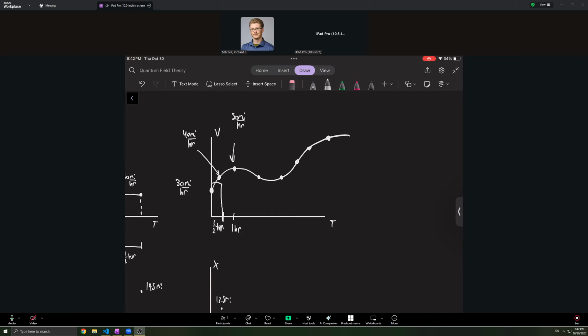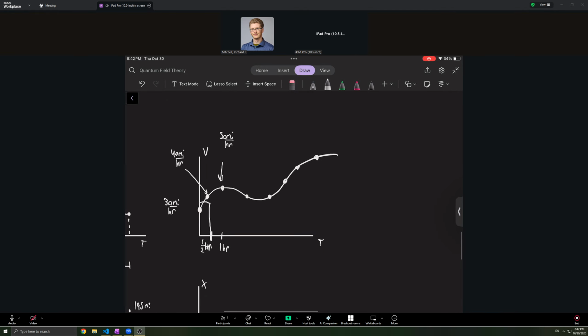Which velocity do we use? Because it's continuously changing throughout the entire motion. Well, we solve it in the exact same way: we use an average of both points, treating that as though the car were moving at that average velocity over just this little half an hour.